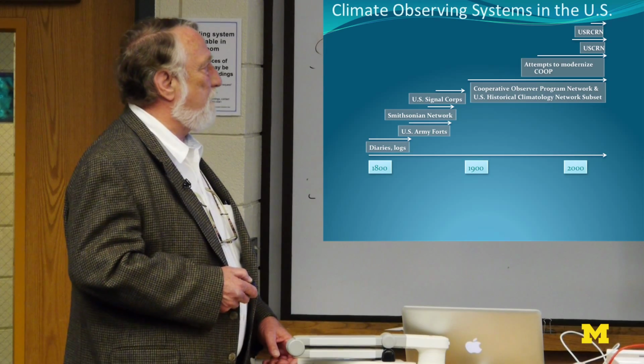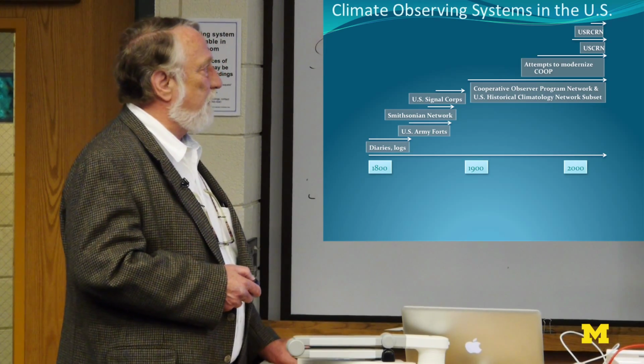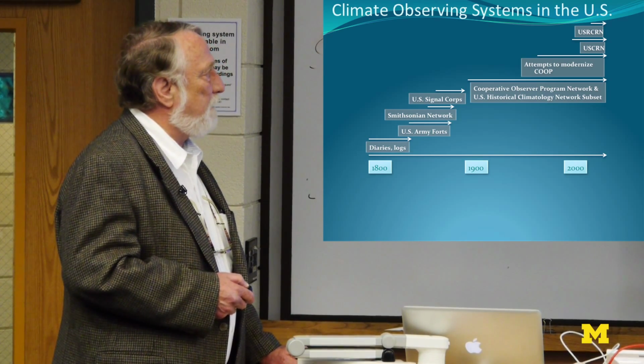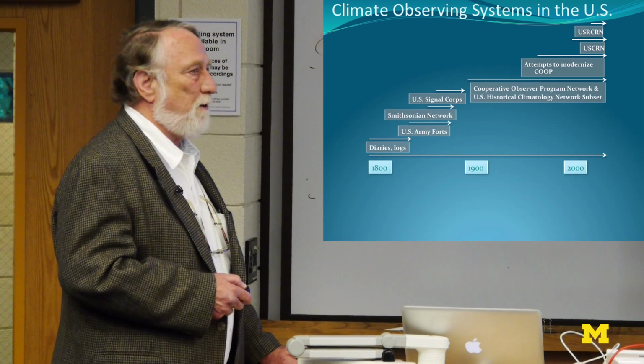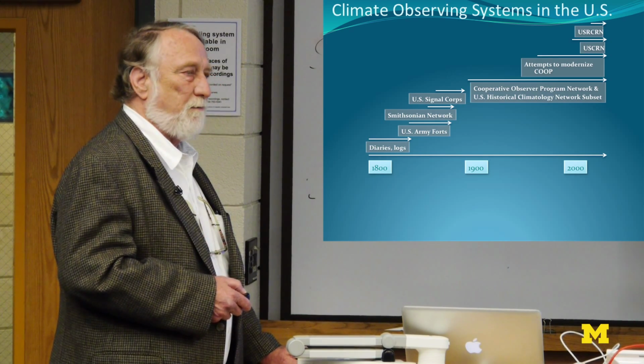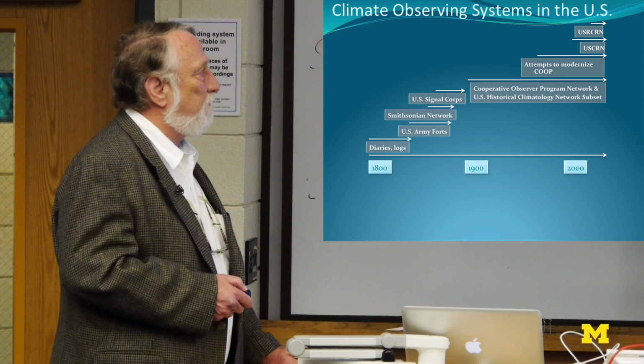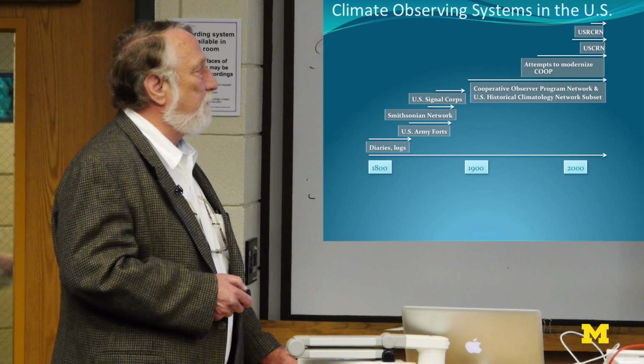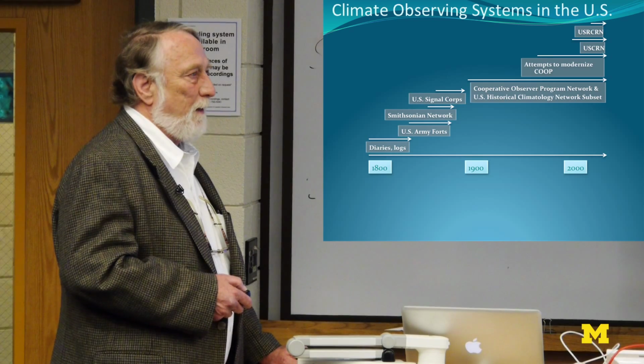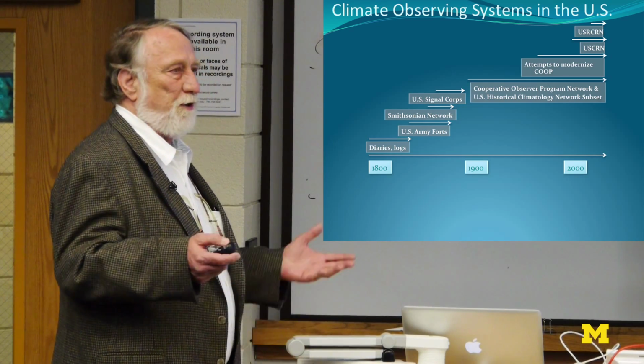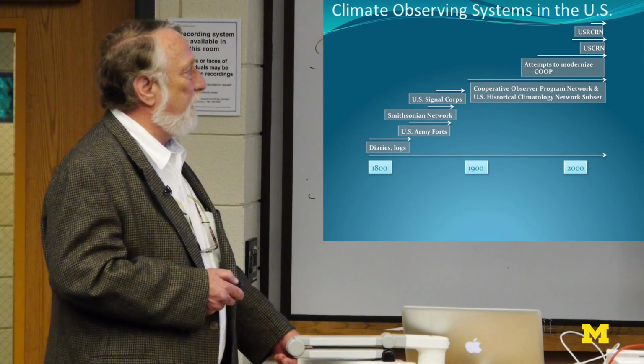There have been attempts at modernizing the co-op. They haven't been successful. And then in about 1999-2000, we started to develop the USCRN program. It became fully funded by NOAA in 2000-2001. And we were able to roll this whole system out right around 2008.